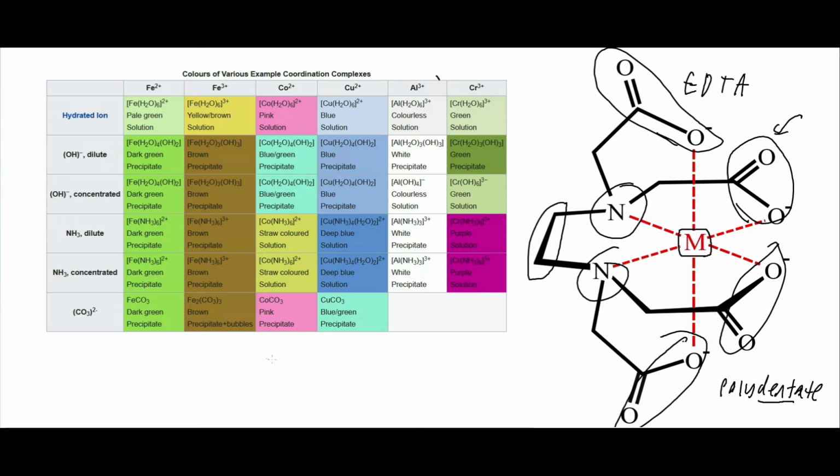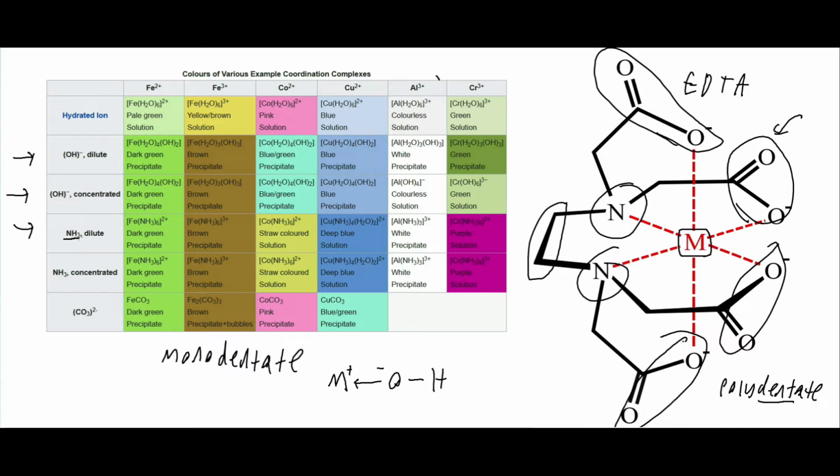So this table here is a bunch of mono, so single dentate, ligands on the left side of the table. So OH, which is just an oxygen with a negative charge bound to a single hydrogen. This negative charge will want to complex with a metal.